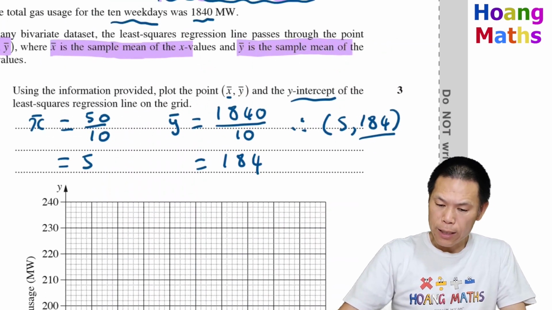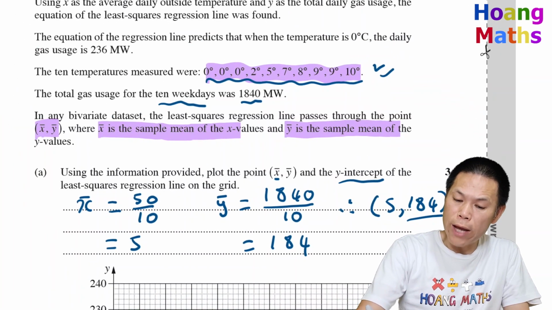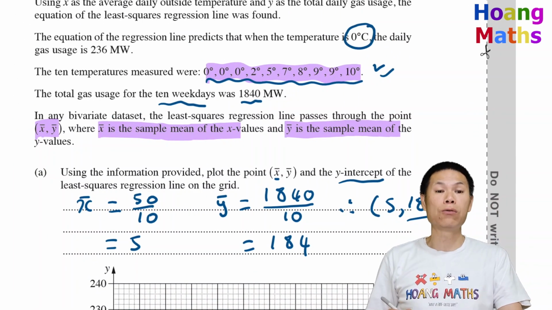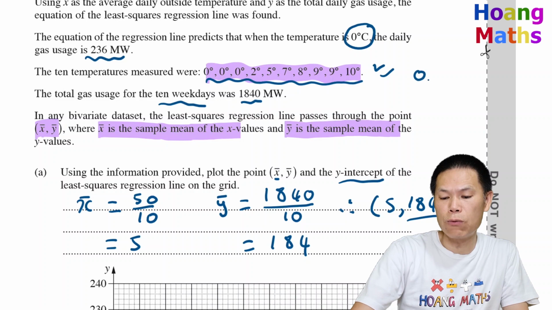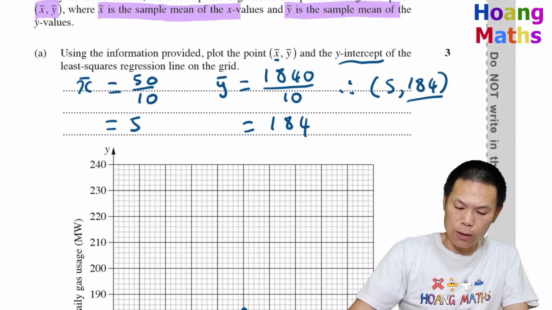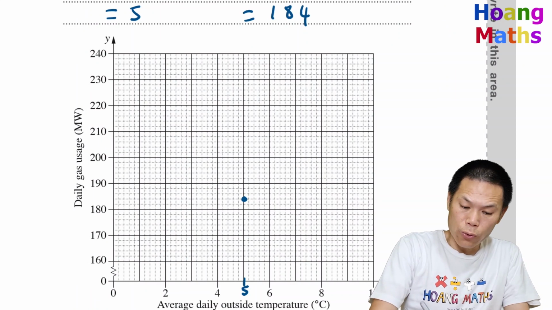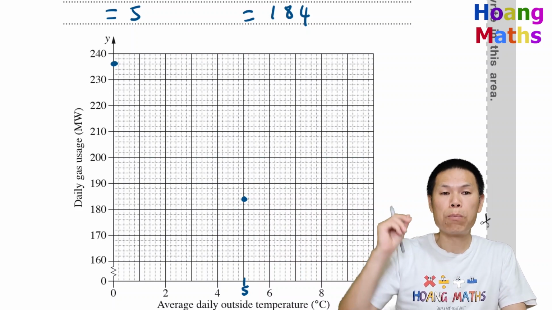And the y-intercept, we know that when the temperature is 0 degrees Celsius, the daily gas usage is this. In other words, 0, 236. So 236 is here. We go up by 2, 246. So there you go. Those are the 2 points that we need to plot on the graph.